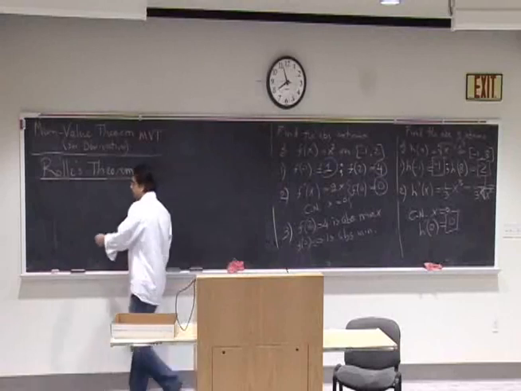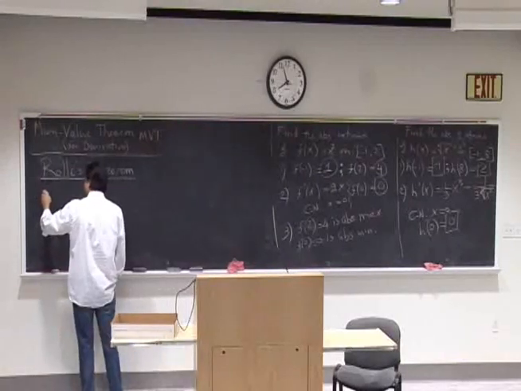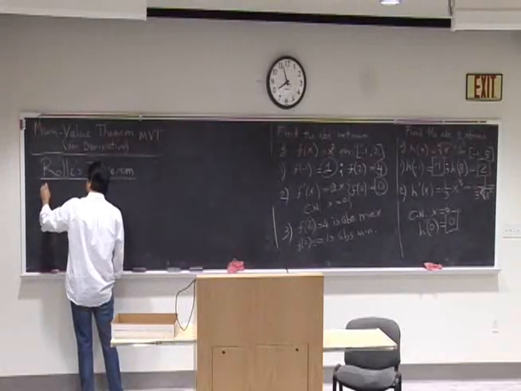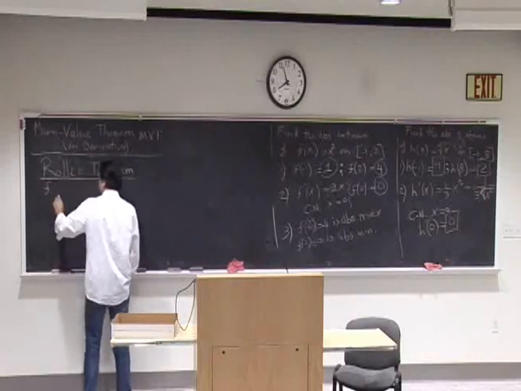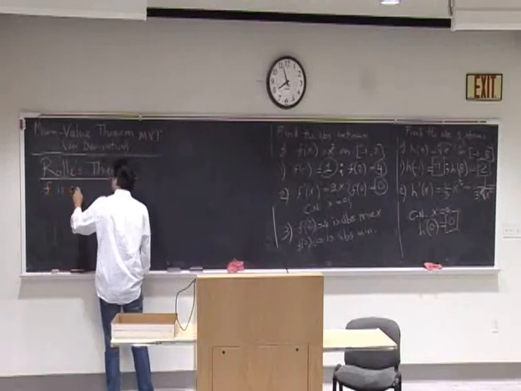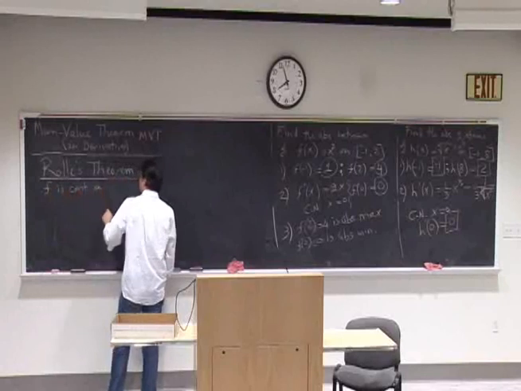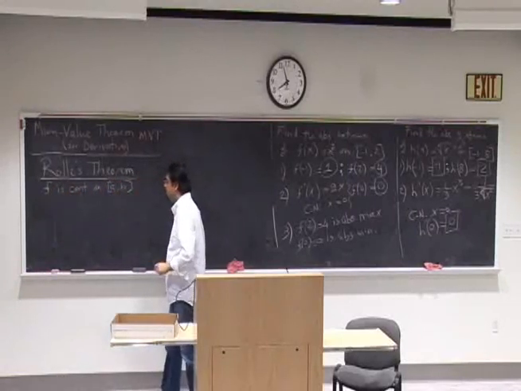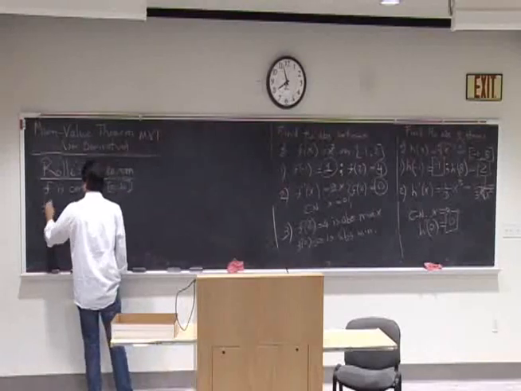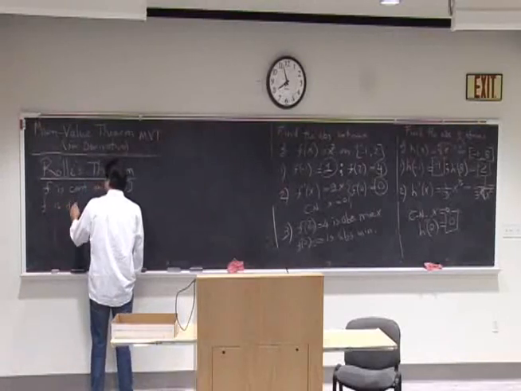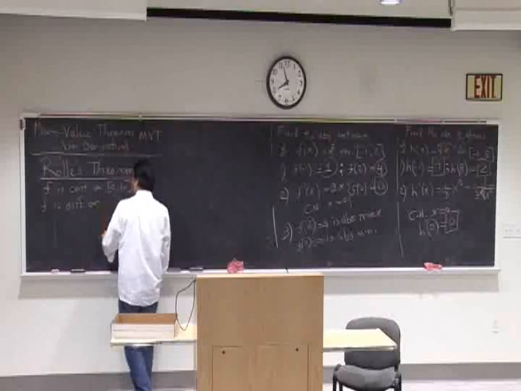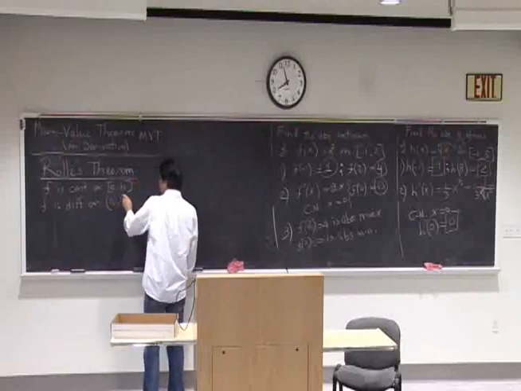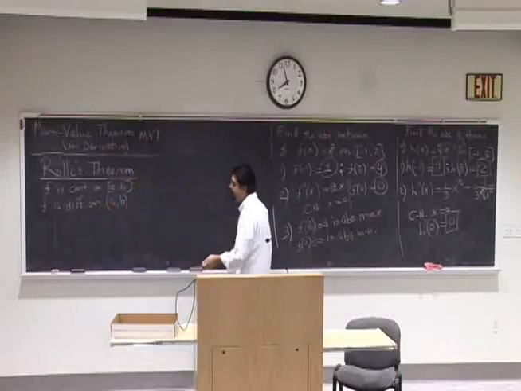I'll write the hypothesis, and then we can think of the conclusion together. The hypothesis is that the function f is continuous on a closed interval [a, b], and that the function is differentiable on the open interval (a, b), so it's differentiable everywhere within (a, b).